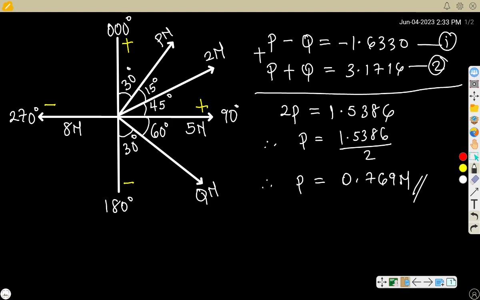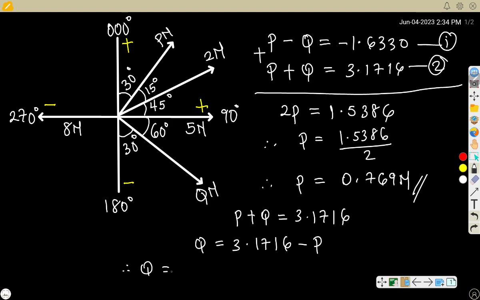From 2, P plus Q is 3.1716. That means Q is equal to 3.1716 minus P. So take P to the other side. Q equals 3.1716 minus P. This is the value for P, so minus 0.769, approximately 0.7693, but I approximate.